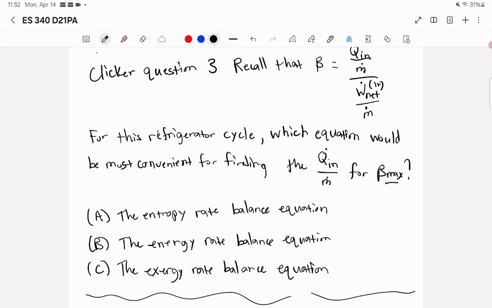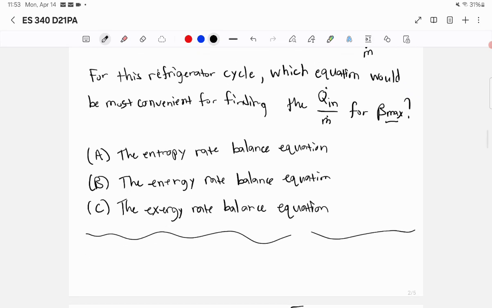So you can say certain things about certain terms in various equations if we're operating at the maximum theoretical value, right? And so which would be the most convenient? Would that be the entropy rate balance equation, the energy rate balance equation, or the exergy rate balance equation?